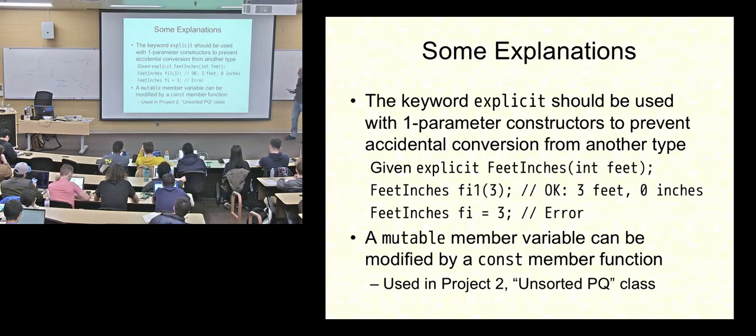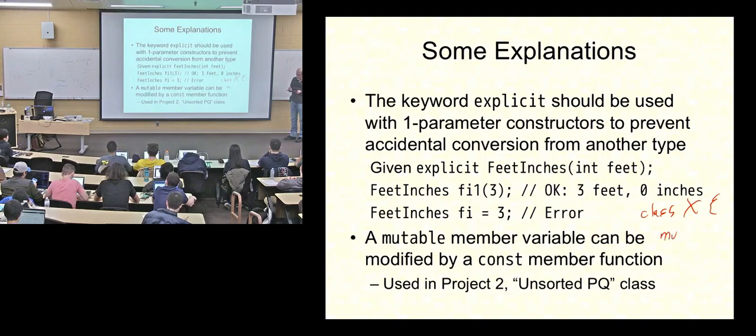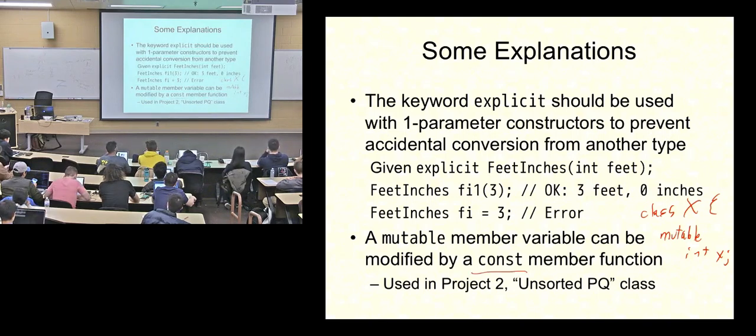But basically, when you say, I have a mutable member variable, like I've got class X, and inside of class X, I say mutable int X, this integer X is allowed to be modified by any member function, even if it's const. So for instance, if I tell you this member function must be const, you're not allowed to change that. I've already written the interface, you must follow my interface. Your implementation must be const.